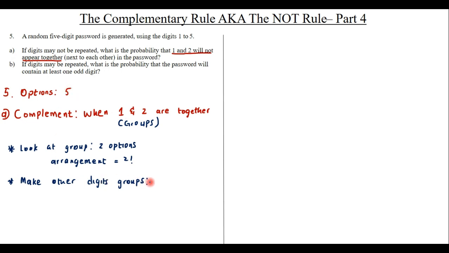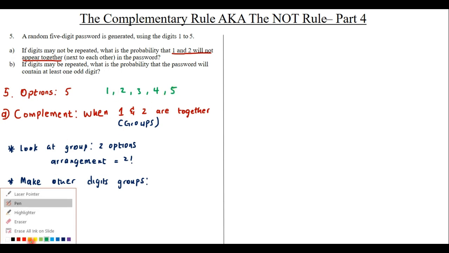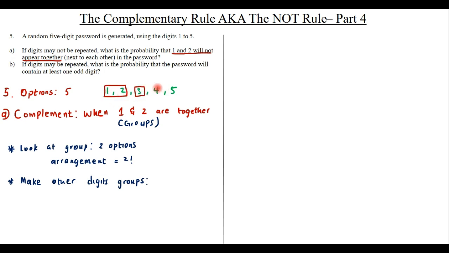If I list 1, 2, 3, 4, 5, I have 1 and 2 as a group, but the other digits become their own groups.